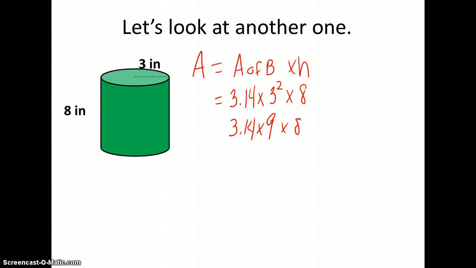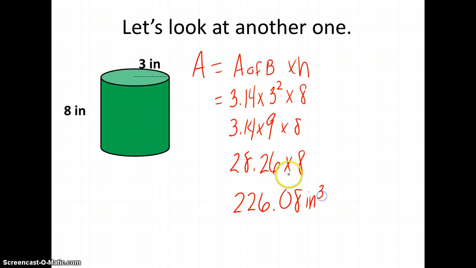So 3.14 times 9 is 28 and 26 hundredths. I'm going to multiply that by 8, and I get 226 and 8 hundredths inches cubed as the volume of my cylinder.